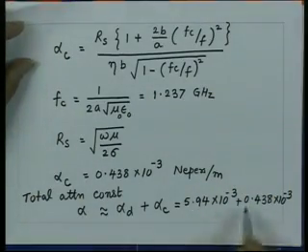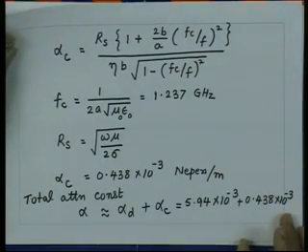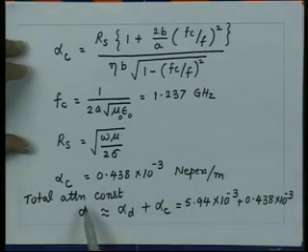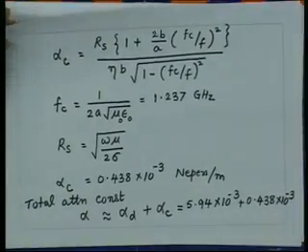So, we can add this and find out the total attenuation constant for this waveguide. This attenuation constant is now in Nepers per meter. If I multiply this quantity by 8.68, I will get the attenuation constant in dBs per meter.